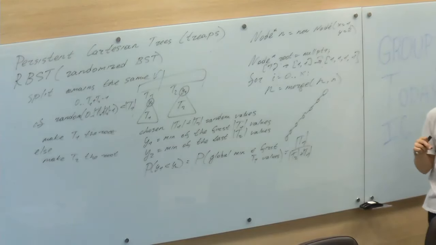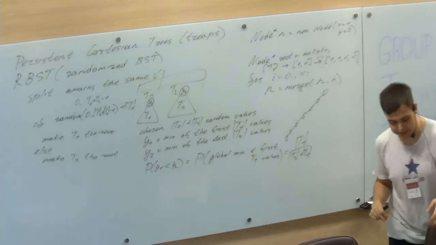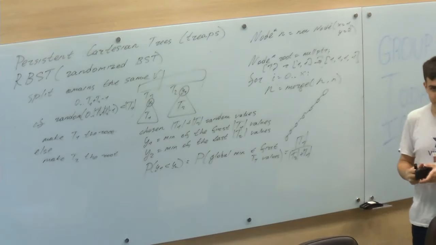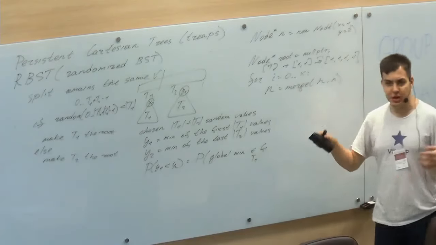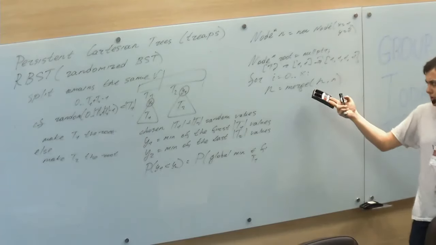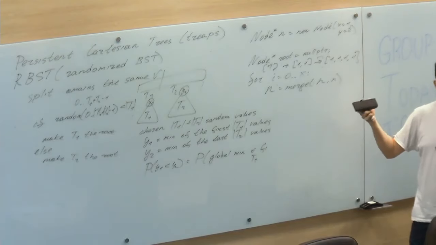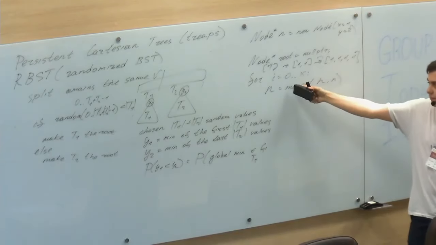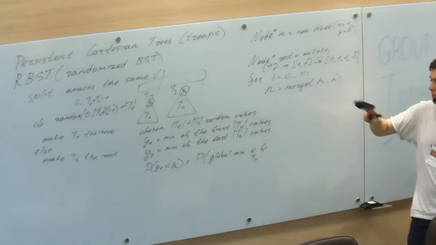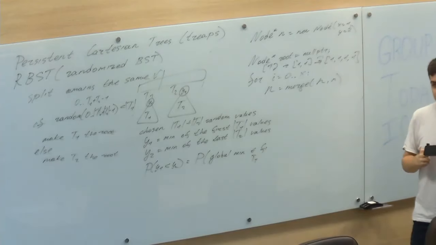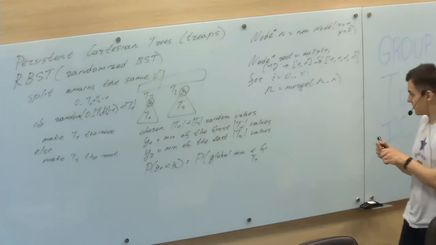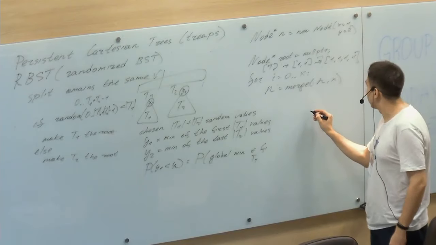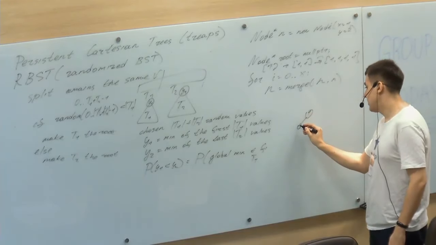Well, this will not be a tree, exactly. This will be more like a directed graph. Every node of this merged tree that has size 2 to the power of x plus 1 will be referred to multiple times. So this is not a tree, it's more of a graph. It will look like this.